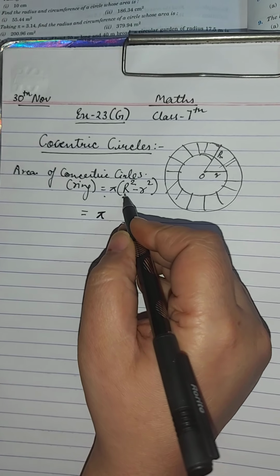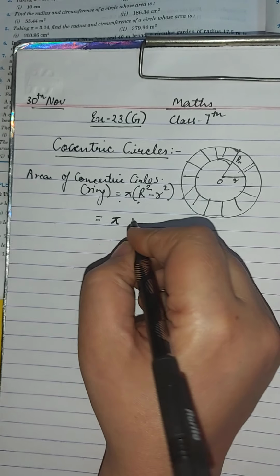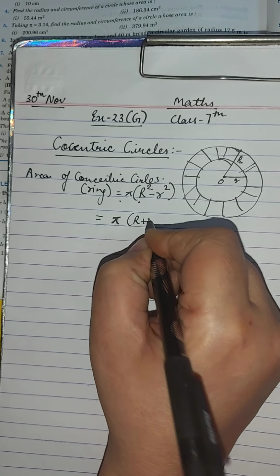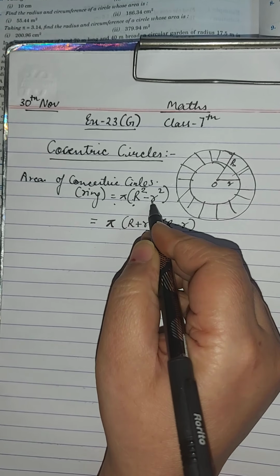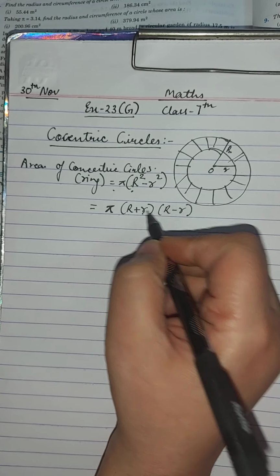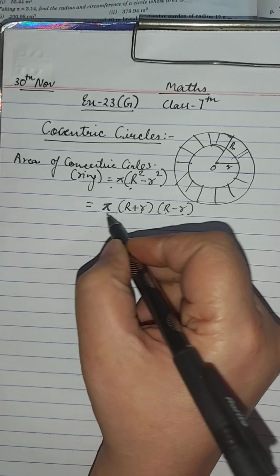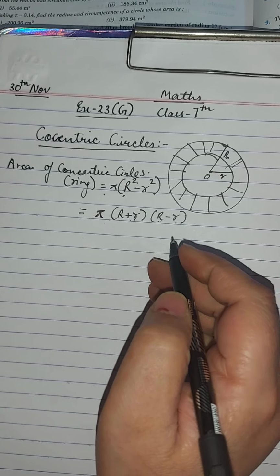We will use this identity further, but for now, for easy calculation, you can use it: R square minus small r square is R plus small r into R minus small r. So for making calculation easy, we can use this identity also.